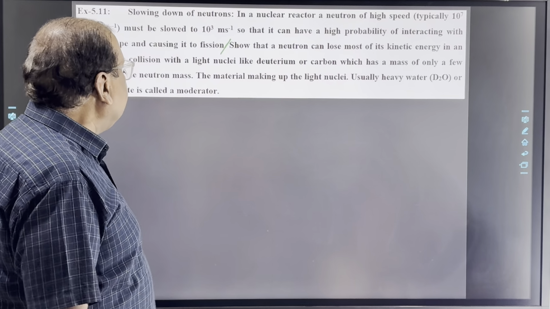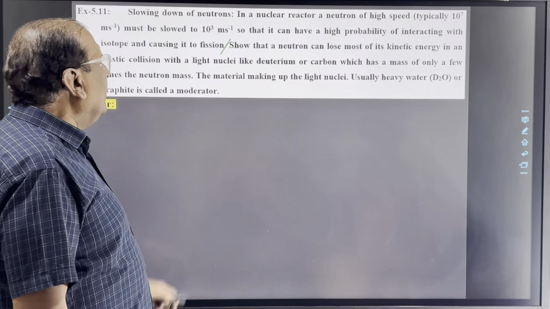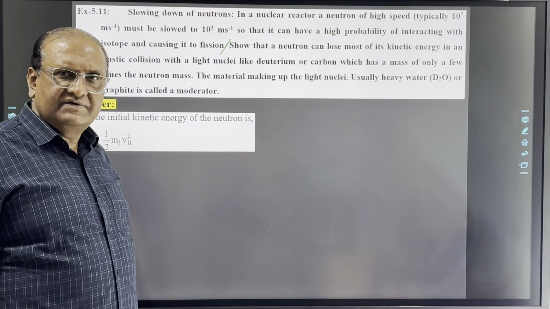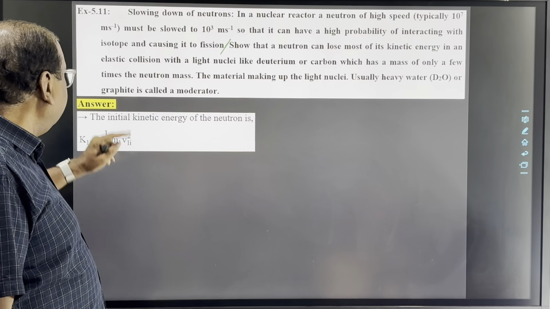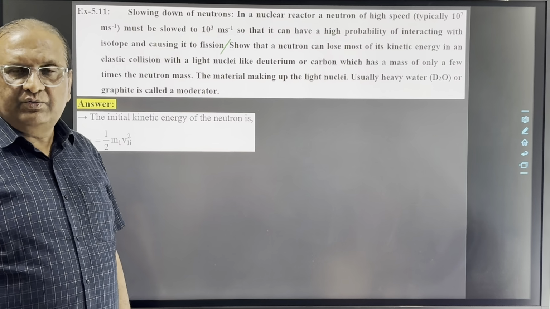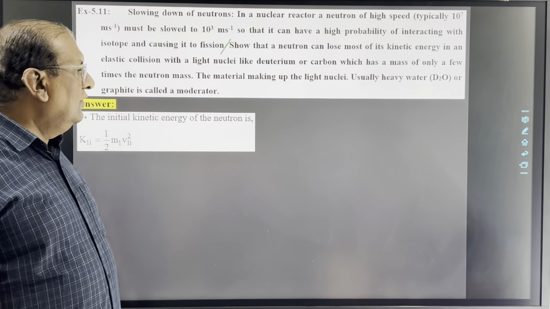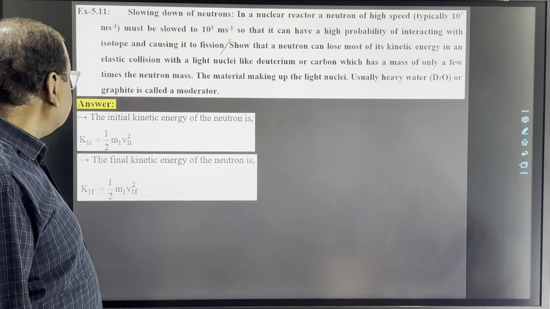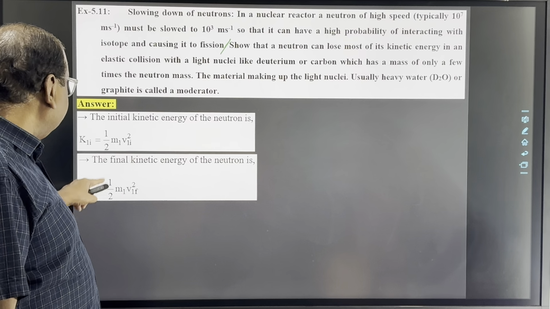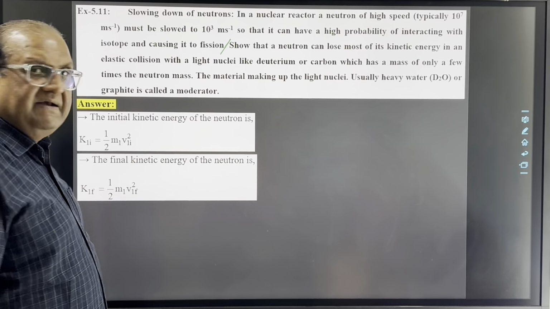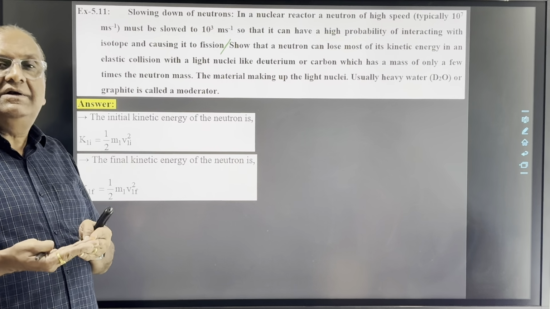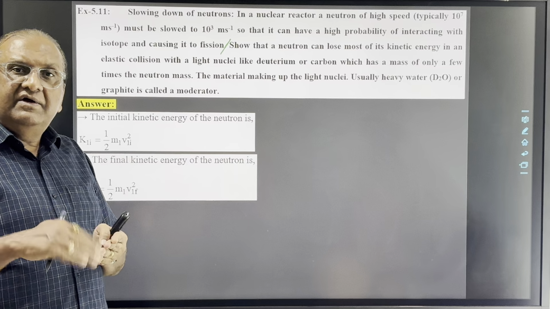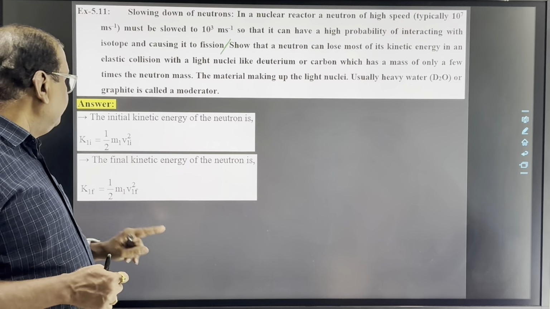Now see, the initial kinetic energy of the neutron, suppose that is K1i, that is half m1 v1i square. The final kinetic energy, we can write K1f, that is half m1 v1f square, after collision of the neutron with deuterium.